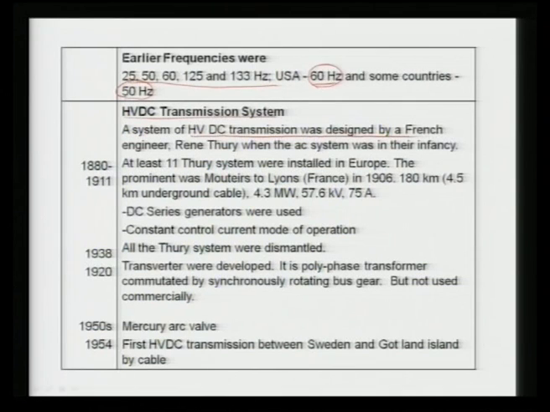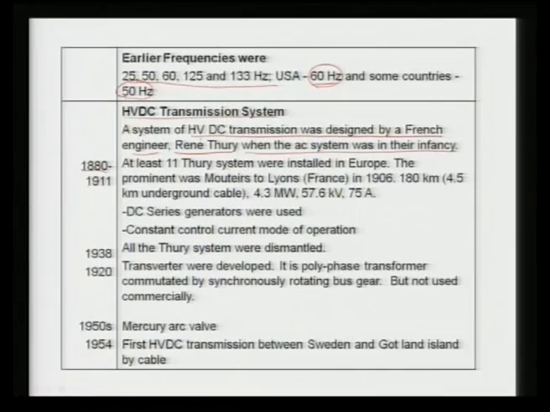The HVDC transmission system was first designed by the French engineer René Thury, when the AC system was in its infancy, because the AC system was also developing slowly. Between 1880 and 1911, at least 11 Thury systems, named after René Thury, were installed in Europe, and the prominent one was Moutiers to Lyon in France in 1906.